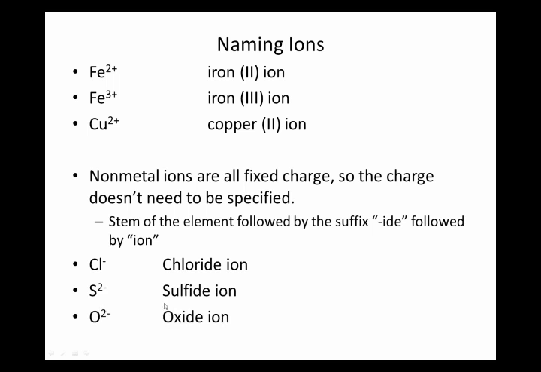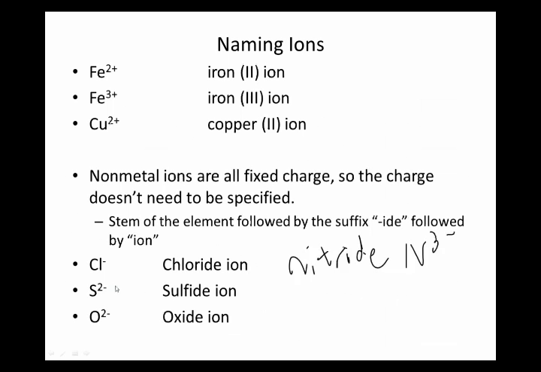I don't need to specify the charge. The charge is apparent from its position on the periodic table. Sulfur is in group 6A, so when I say sulfide ion, you know I mean sulfur 2-. If I said nitride, right, that's N3-. All right?